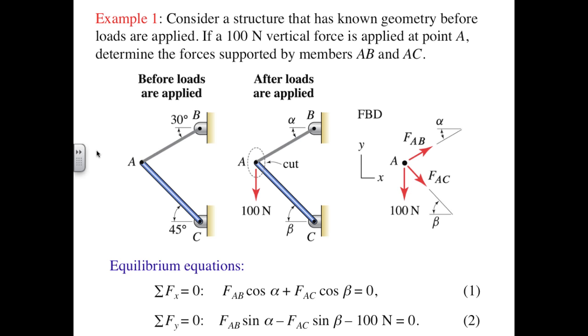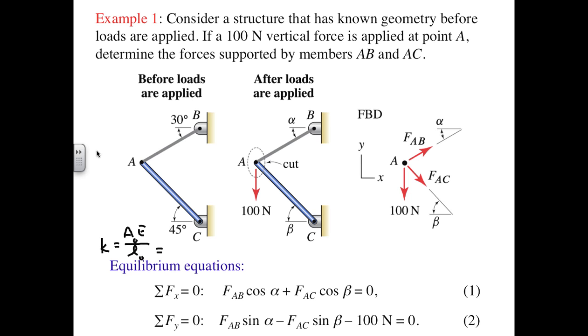We didn't specify any dimensions for AB or AC in that problem, but let's suppose that AC has a length of 1 meter and is a solid cylindrical steel bar of diameter 1 centimeter. How much does it actually shrink under that 90 Newton load? So let's calculate K. Based on our assumptions, we have initial cross-sectional area times elastic modulus over length.